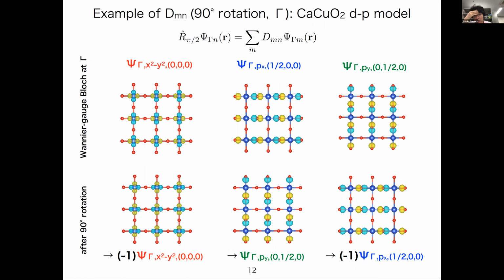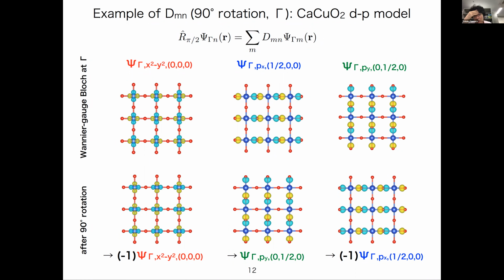Okay. And importantly, it is block diagonal for each irreducible representation. So x square minus y square orbital is the irreducible representation for this 0, 0 point. So the dimension is 1. And for example, this px, sorry, go back to this, right?